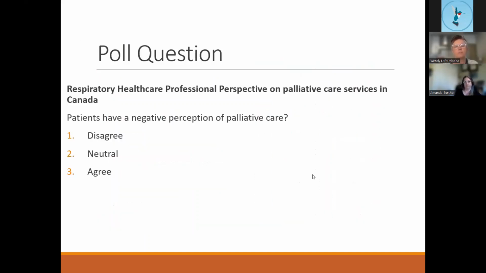Patients have a negative perception of palliative care. And I think this goes across all diseases. I'm sure the majority of people on this call, maybe not in your sphere, but in our respiratory world, work closely with patients, with Health Quality Ontario, and on multiple committees.